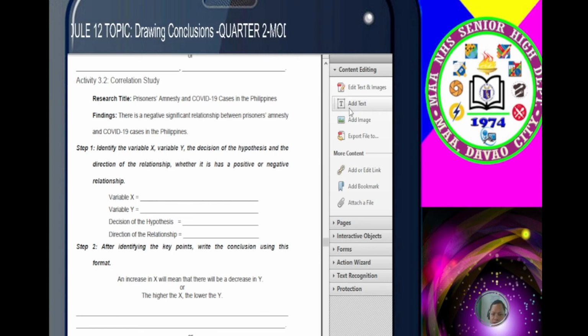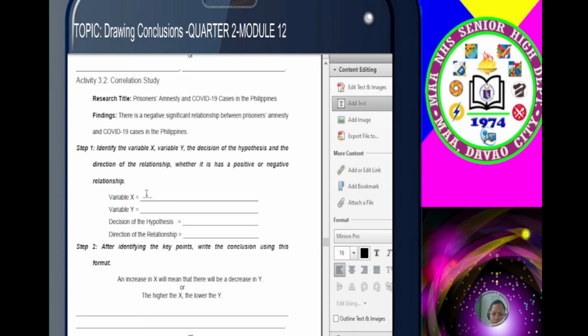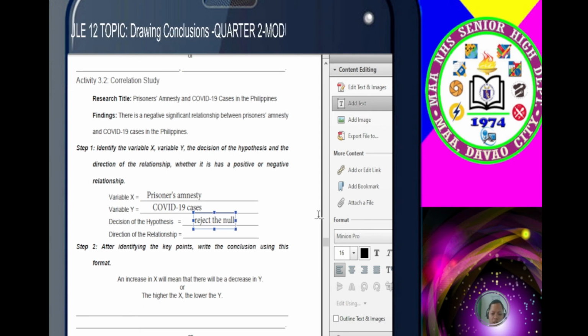Our x here is the prisoners amnesty, and variable y is COVID-19 cases. Okay, then our decision here is reject the null.